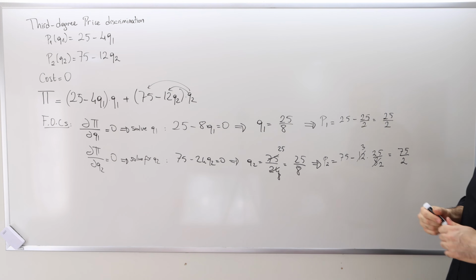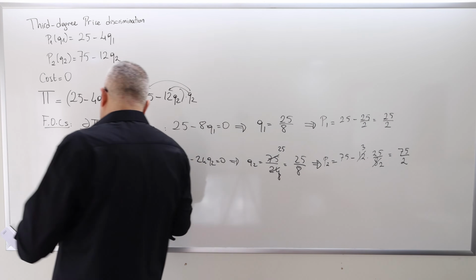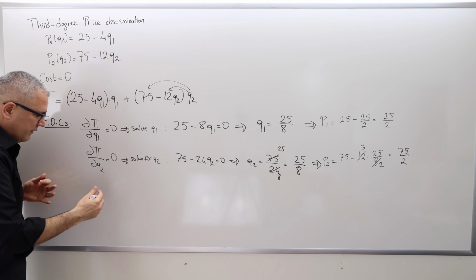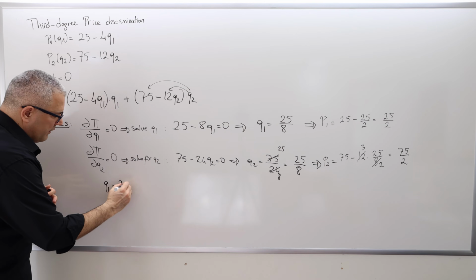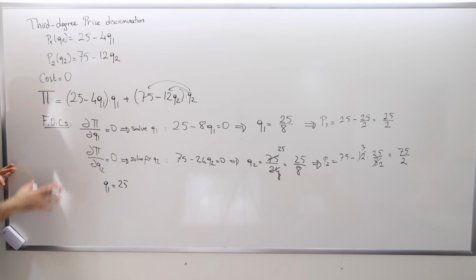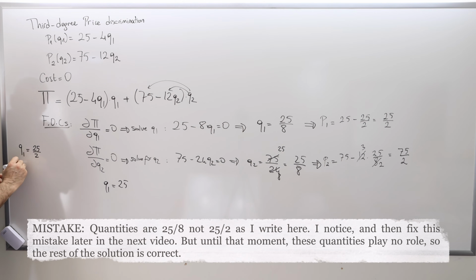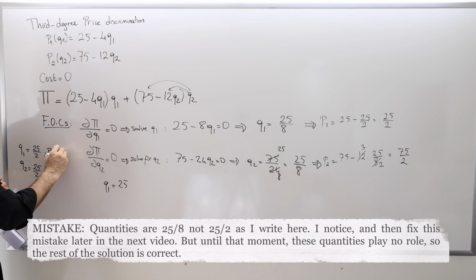It's always the best strategy, once you're done, to summarize your findings. Let me put it here because later I'm going to use it. So quantity 1 is 25 divided by 8, quantity 2 is, again, 25 divided by 8, and the price 1 is 25 over 2, and then the price 2 is 75 divided by 2.